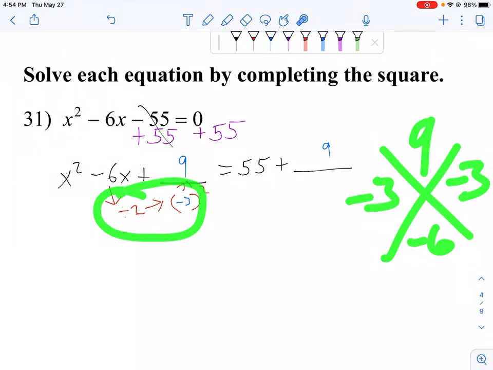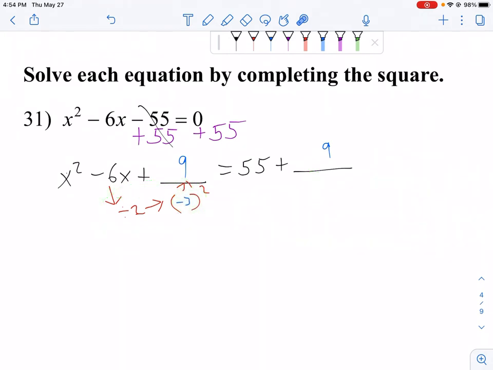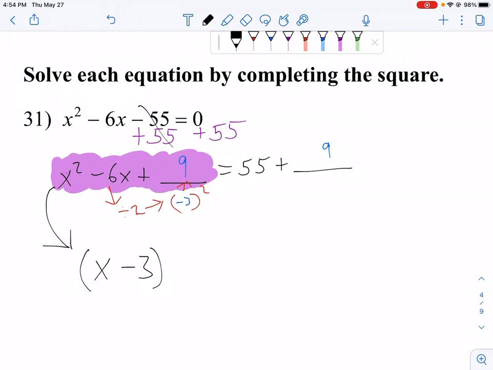If you notice, the number we get when we divide by 2, which I just filled in here, that negative 3, ends up being the same numbers that are on the sides. So essentially what that means is that this whole thing I've just highlighted in purple is the same as x minus 3 squared.